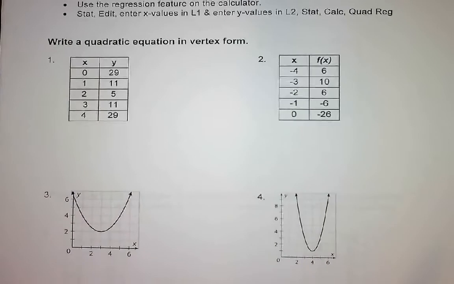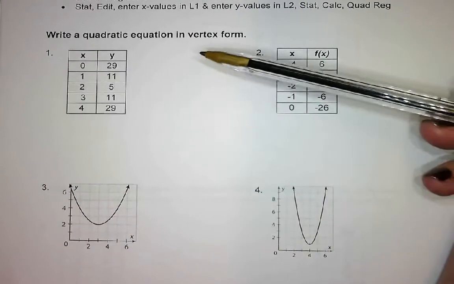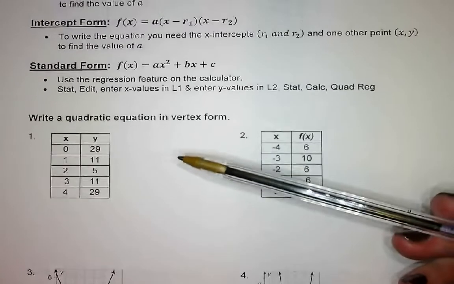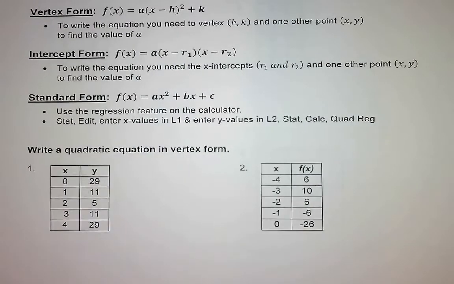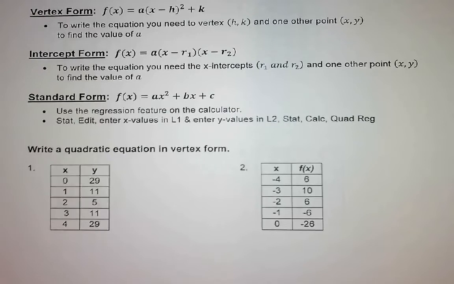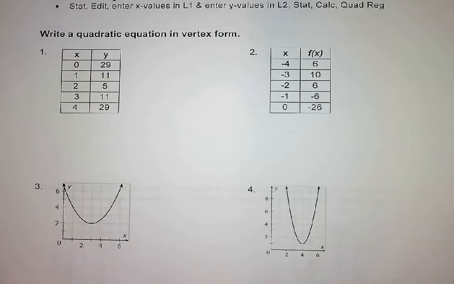But the thing that is a little bit trickier is we have to find this A value. We don't know the A value. So we're going to need to plug in our stuff and then pick a point to help find our A value. And that's going to be the case every time, at least with vertex and intercept. With standard, I'm going to refresh you guys on how to use the regression on the calculator.